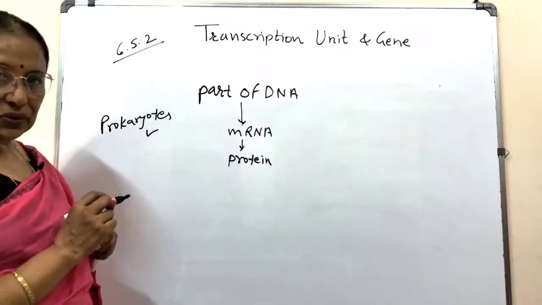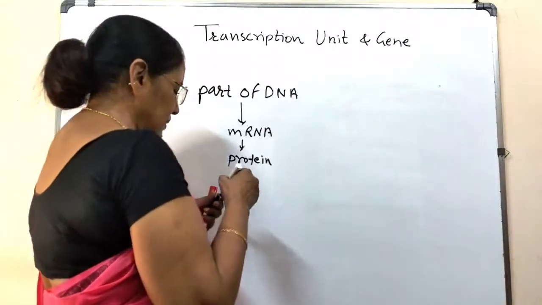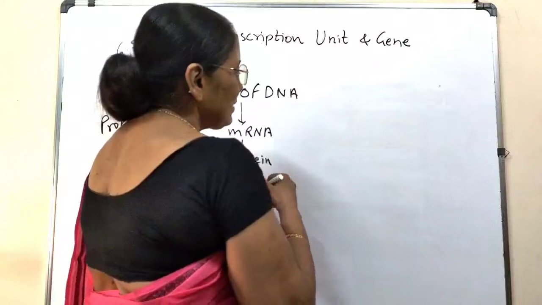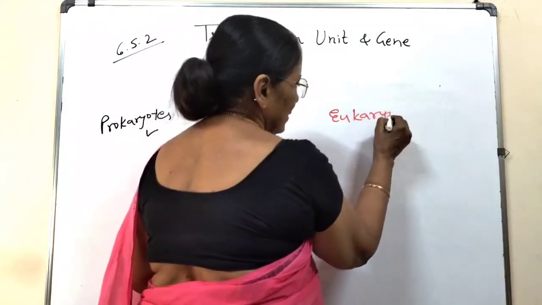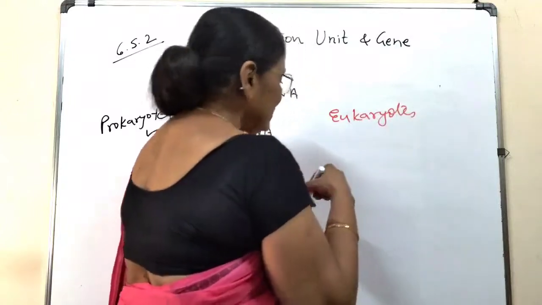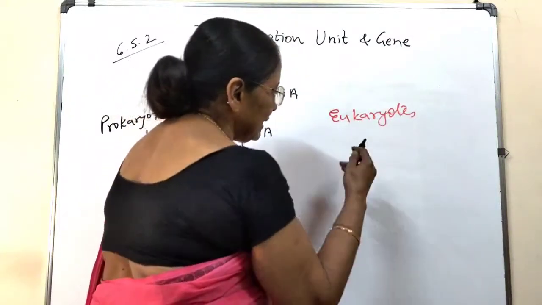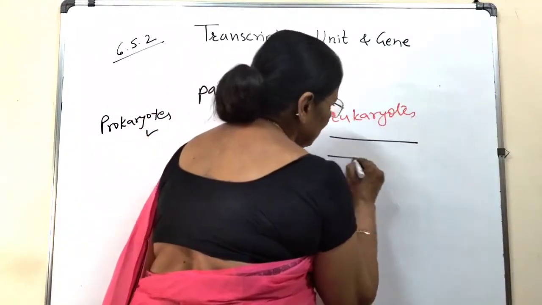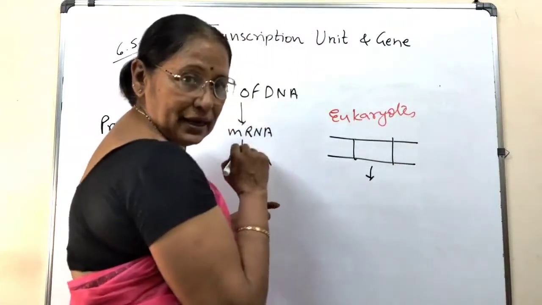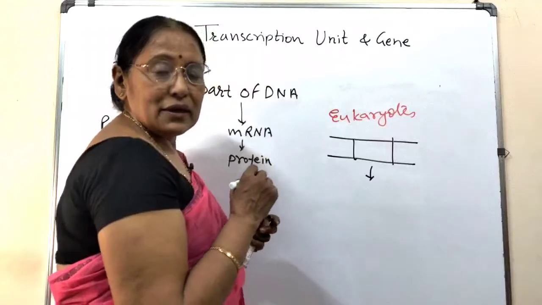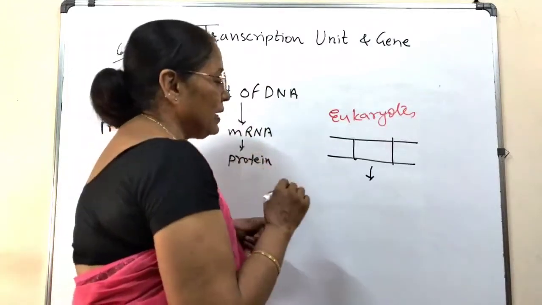What about eukaryotes? Let us see what happens in eukaryotes. In case of eukaryotes, this segment of DNA will not form mRNA directly.